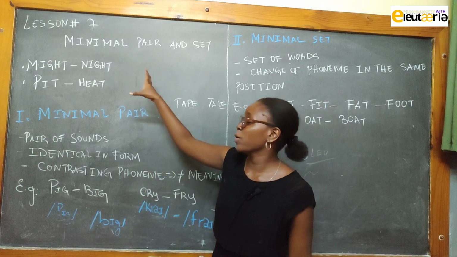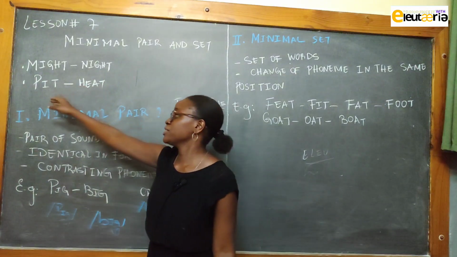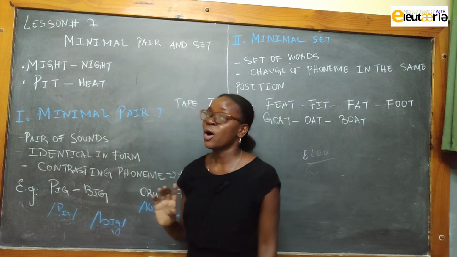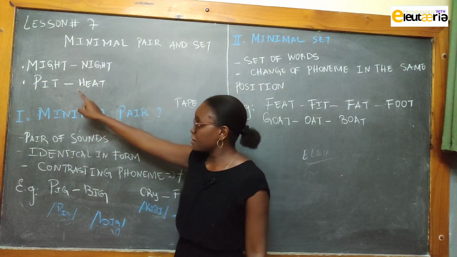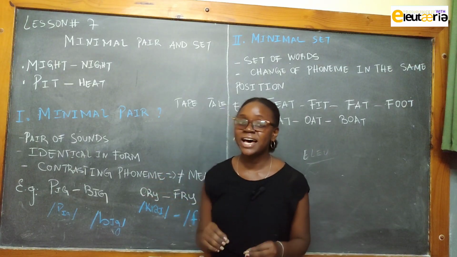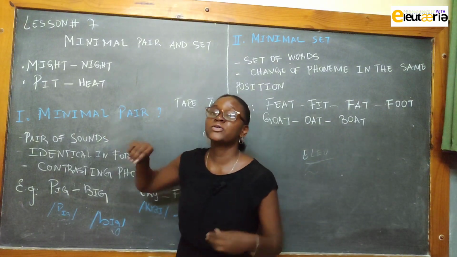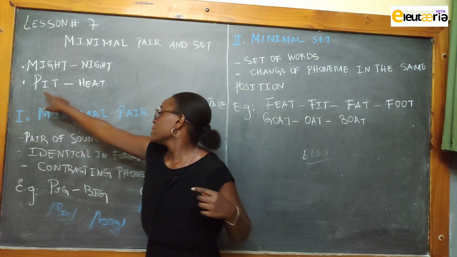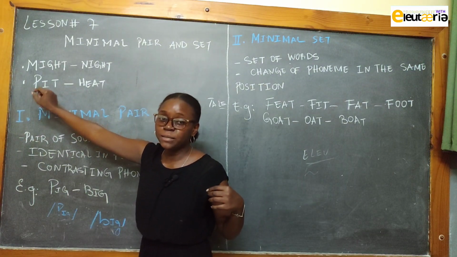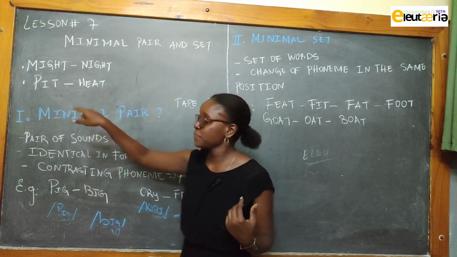So this is what makes them a minimal pair. The same happens with heat and hit. Although their form is not identical, we can notice that they have a common sound, which is the sound H. In heat, the sound H is the same H in hit.